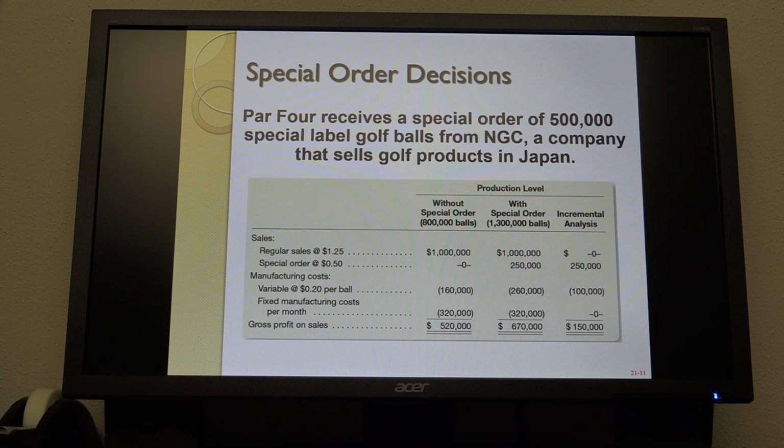They sell 800,000 balls at $1.25 per ball for $1 million in regular sales. The cost to make these balls is 20 cents per ball, so 800,000 times 20 cents per ball is $160,000. On top of that, they have fixed manufacturing costs per month of $320,000.